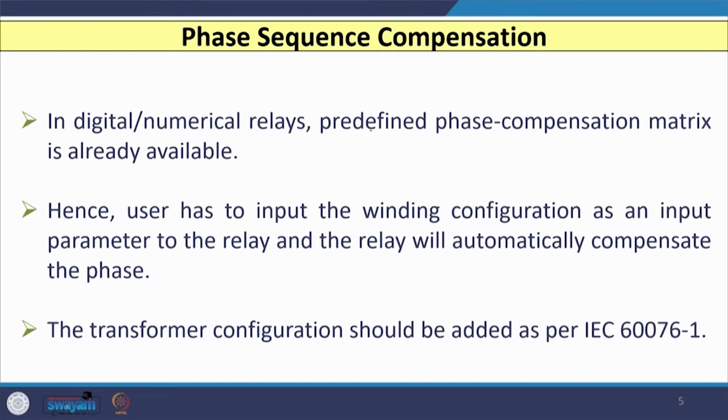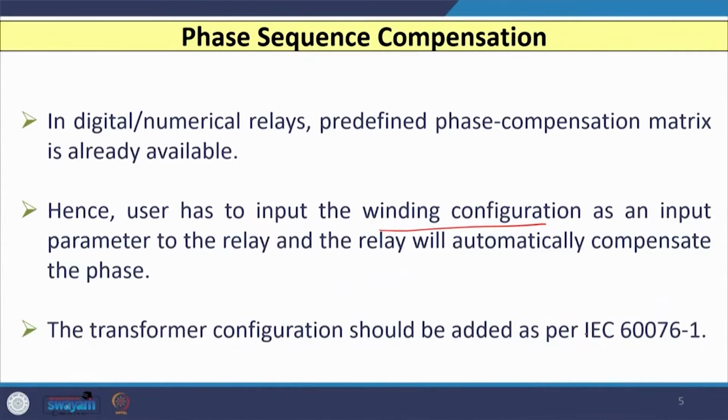So, as a user, if I want to use delta star 11 connection, I simply enter the specific winding connection or vector group as an input parameter to the relay, and based on that vector group, the digital relay will automatically compensate the phase shift that exists between LV and HV winding. For that particular winding connection, a specific compensation matrix is selected, and based on that compensation is carried out.